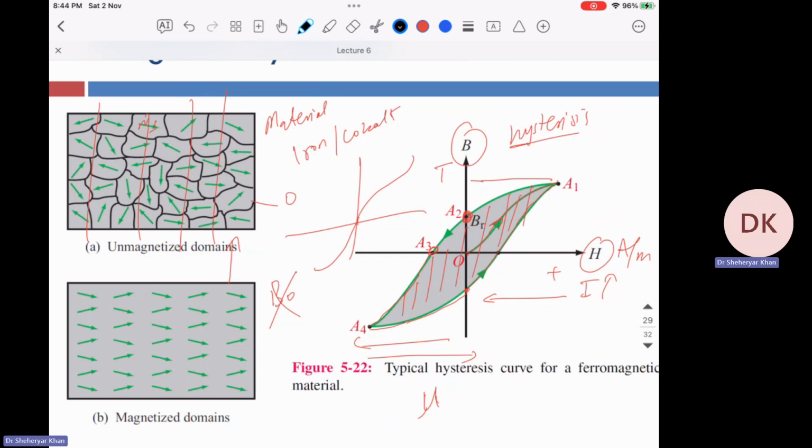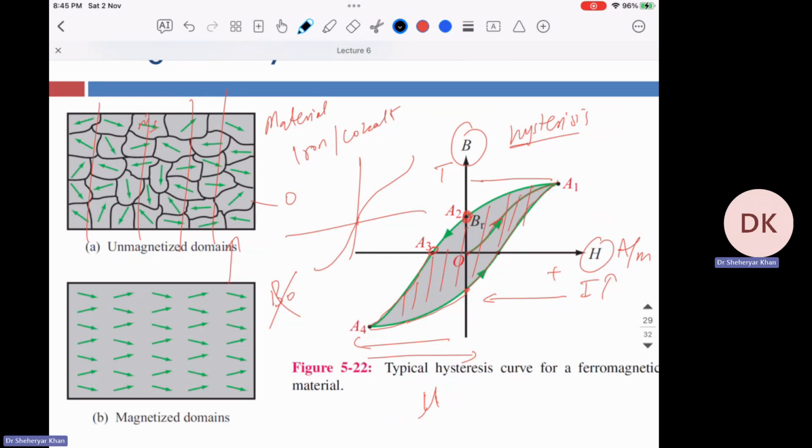But when you decrease the current, it will not follow the same path. See the arrows, it will go back on a different path. That means if you make the current zero, it still has magnetic field. If you magnetize an iron bar and then you remove the current, the iron bar still has some magnetic field.